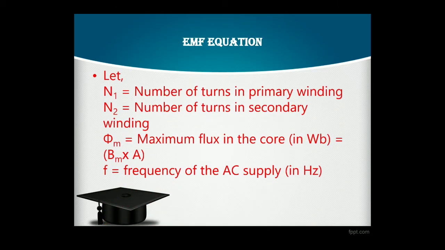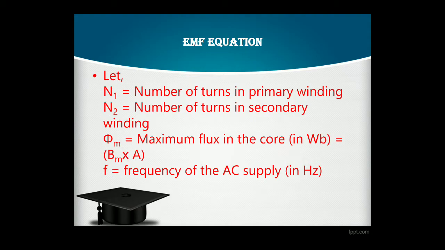Now the EMF equation of a single phase transformer. Let N1 be the number of turns in the primary winding, N2 the number of turns in the secondary winding, and phi m the maximum flux in the core in Weber, equal to Bm into A. Bm is the flux density, that means flux per unit area, and A is the area of the core.